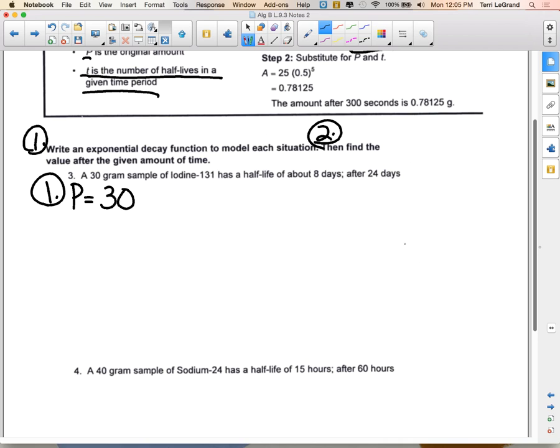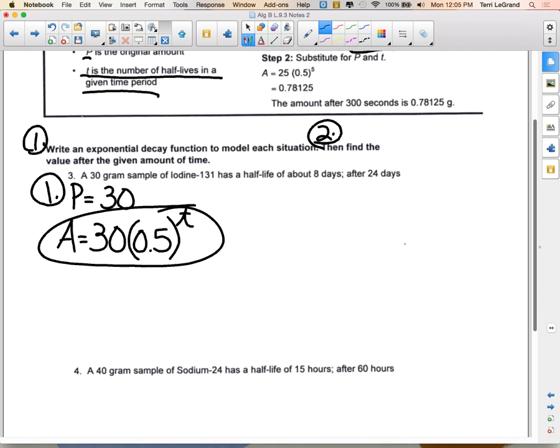So we substitute into our model 30 times 0.5. This will always be 0.5 because half of it is going to be gone every time. You keep multiplying by a half to the T power. There's step number one, there's your first answer.